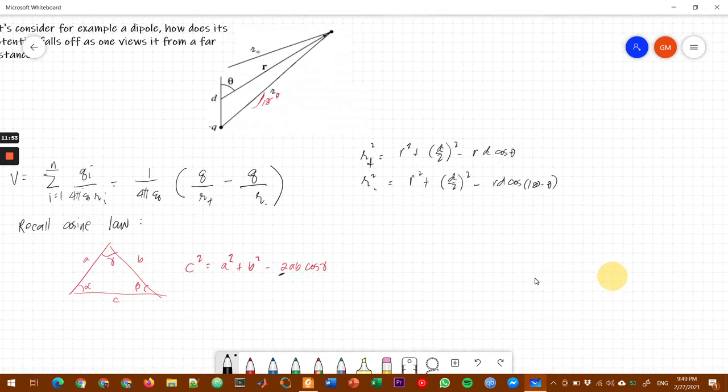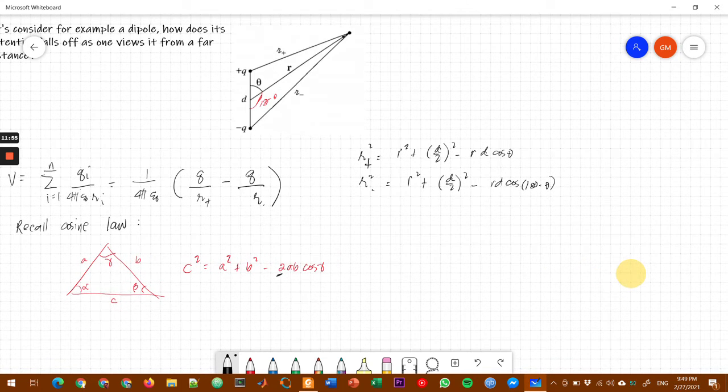So to evaluate cosine of 180 minus theta, we recall the formula for cosine A minus B, that's actually cos A cos B plus sine A sine B. We apply that to our cosine 180 minus theta.